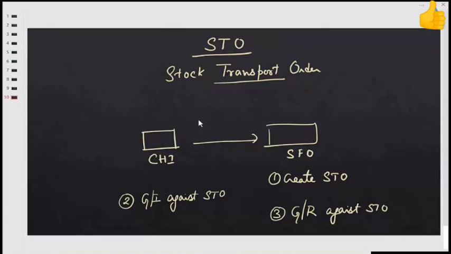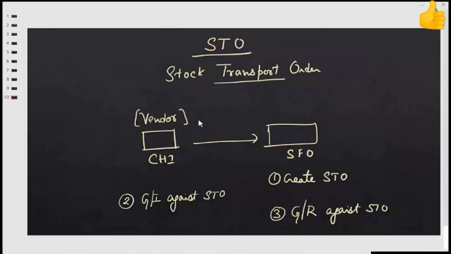Now, there are some preconditions that have to be met in order for us to be able to do a stock transport order this way. From a San Francisco perspective, we have to create Chicago as a vendor. Now, Chicago is supplying the goods to the San Francisco plant. So, Chicago becomes a vendor for San Francisco.